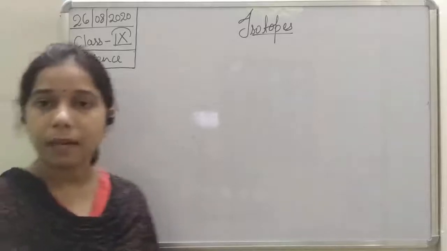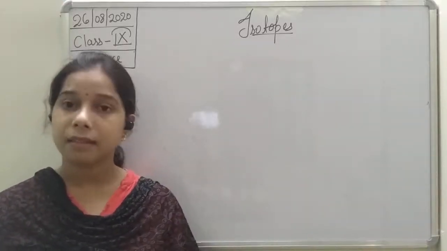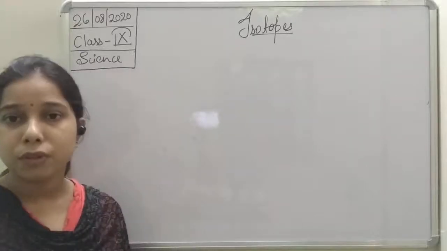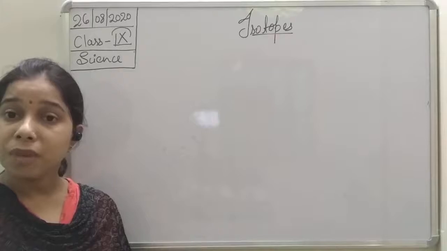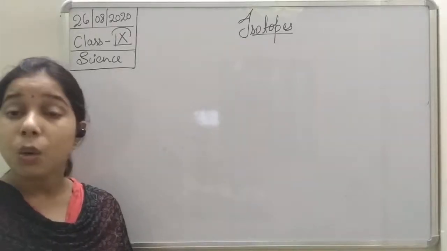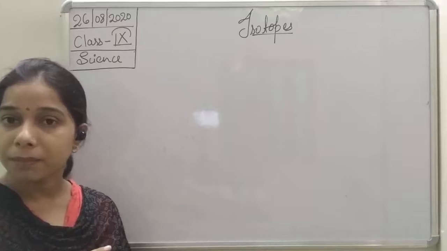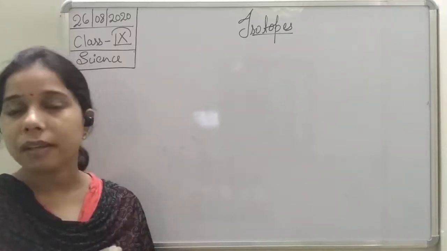When we were studying Dalton's atomic theory, students, there we discussed the third postulate given by Dalton, that an element made up of the same kind of atoms will have the same properties. But what happened in the limitation? We find that it is not necessary.